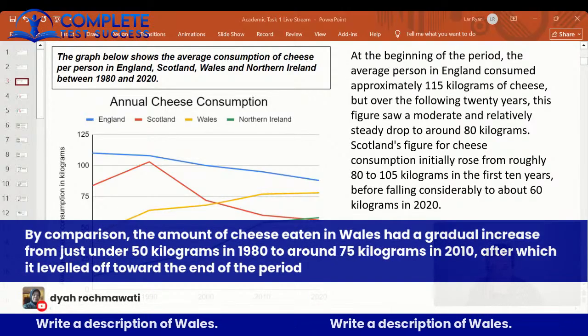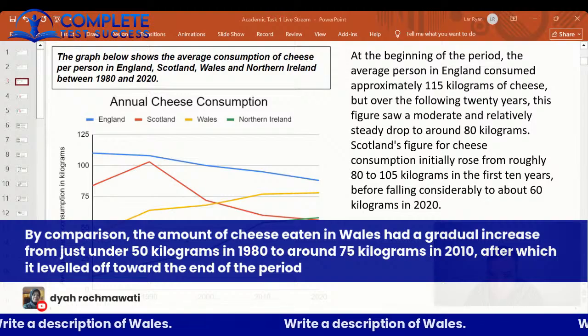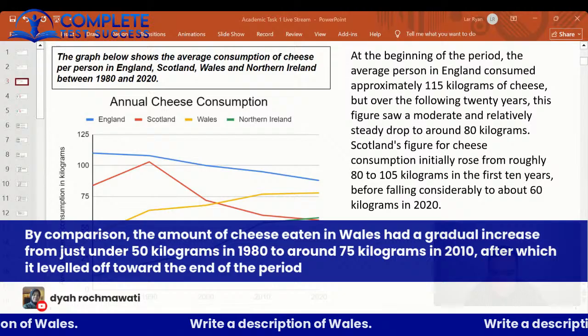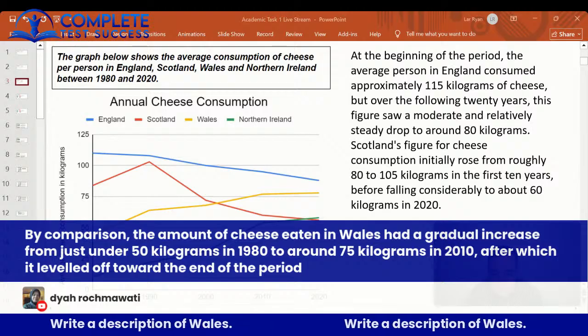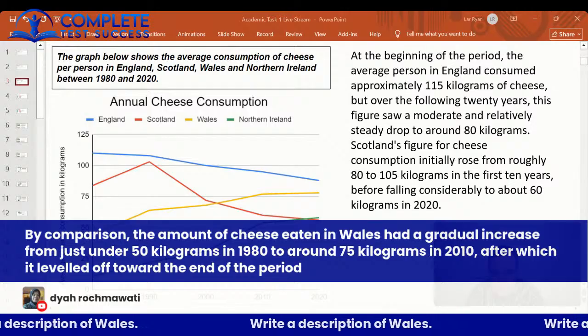Okay, so Dia has a description here. By comparison, the amount of cheese eaten in Wales had a gradual increase from just under 50 kilograms in 1980 to around 75 kilograms in 2010, after which it leveled off toward the end of the period.